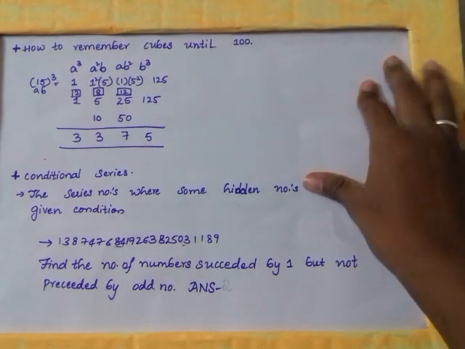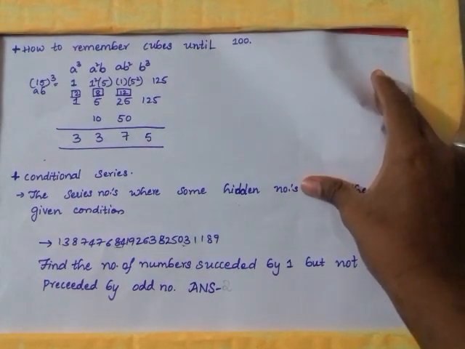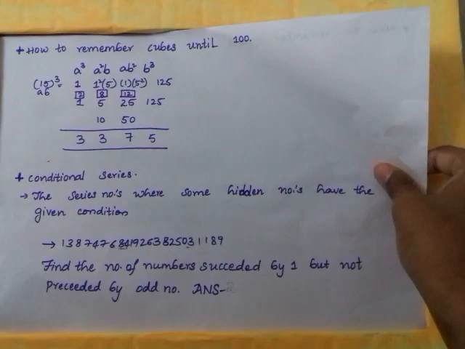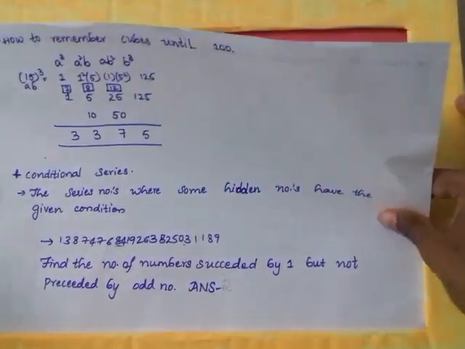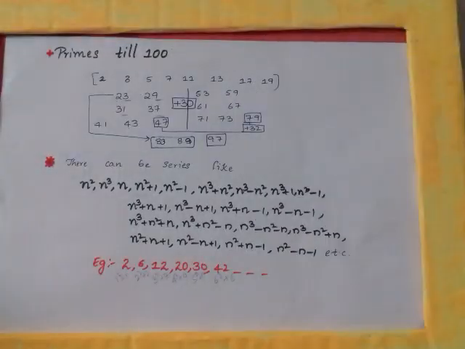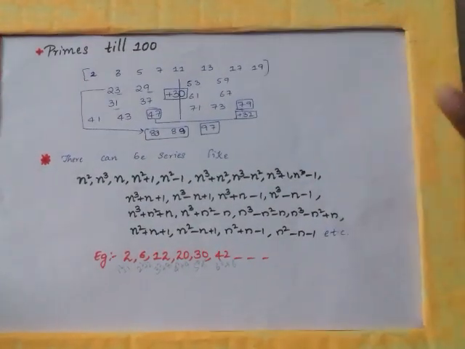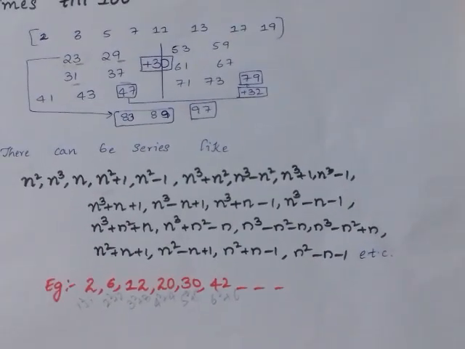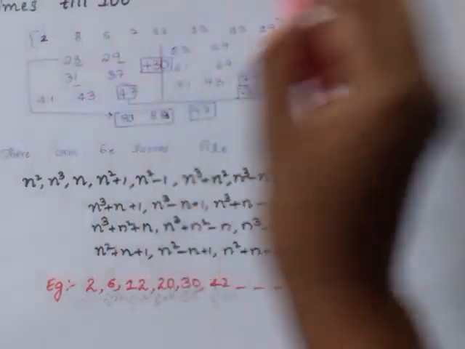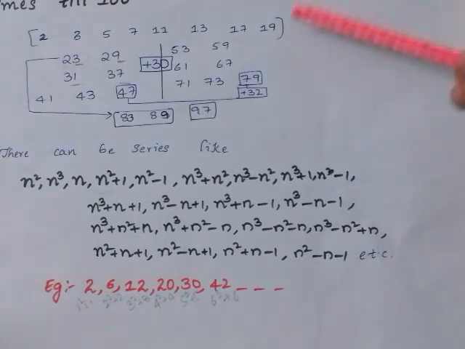After going through these cubes and conditional series, let us learn about the primes up to 100. How to remember the prime numbers up to 100. We know that we can remember the primes from 1 to 20.